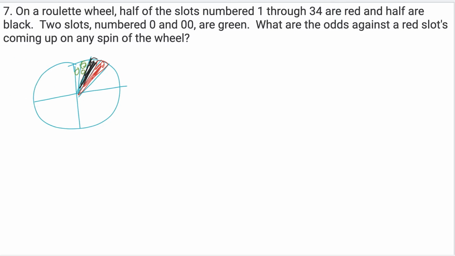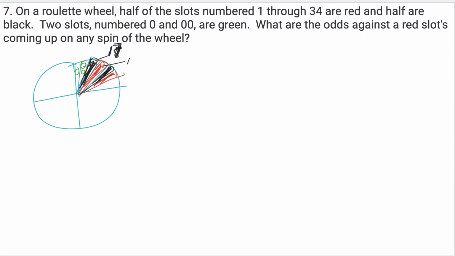Otherwise, you have black and red alternating, and there are 34 altogether. So how many blacks? 17 black, because half of 34 is 17.